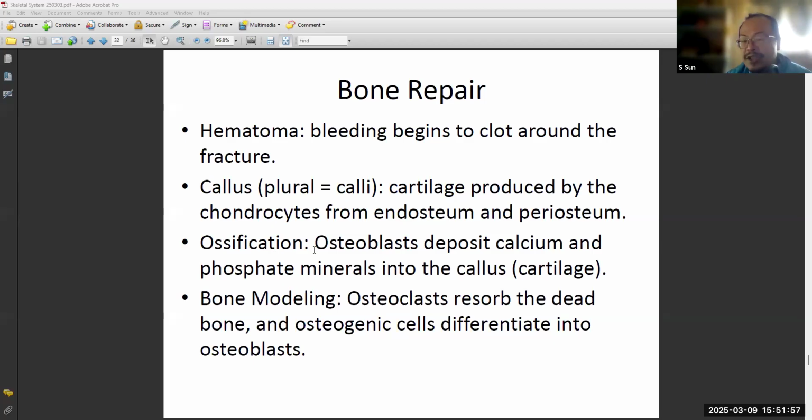It's called ossification. You have this soft cartilage, but it is hardened by ossification. Once this is done, it connects the two ends together by bone, so you have new bone between these two ends.